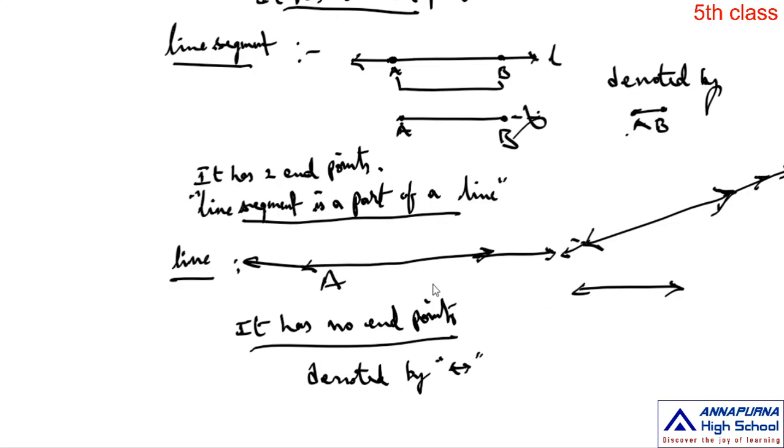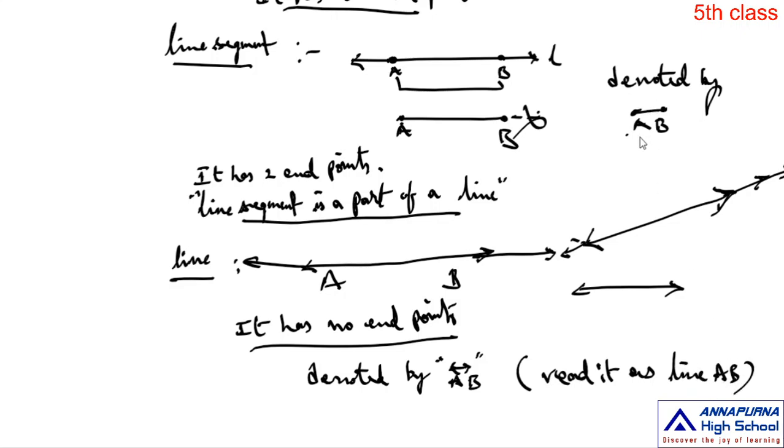Suppose this is the line AB. So it is denoted by line AB, and we read it as line AB.